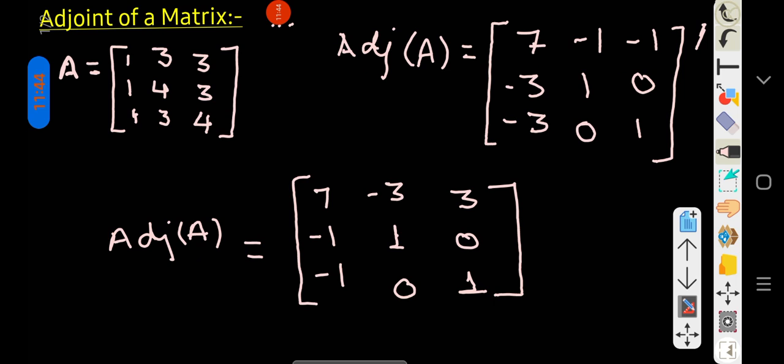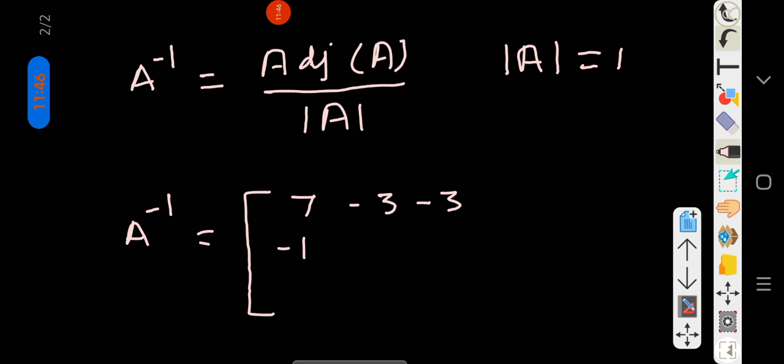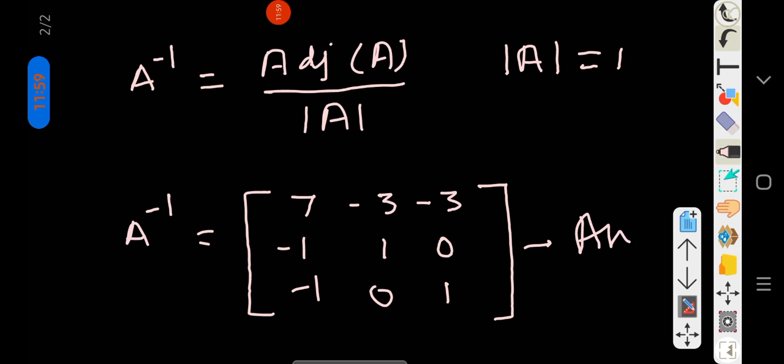Minus 1, 1, 0, so it's minus 1, 1, 0, and what was the third row? Minus 1, 0, 1, so minus 1, 0, 1. This is the inverse of matrix A, so this will be your answer.